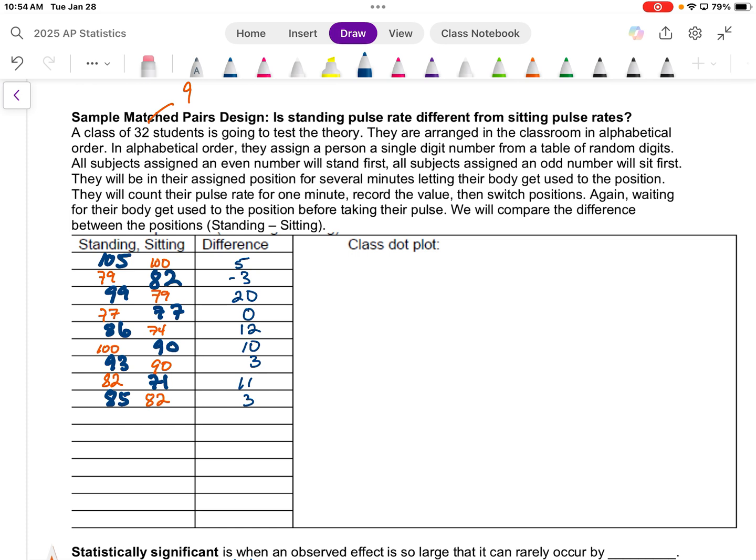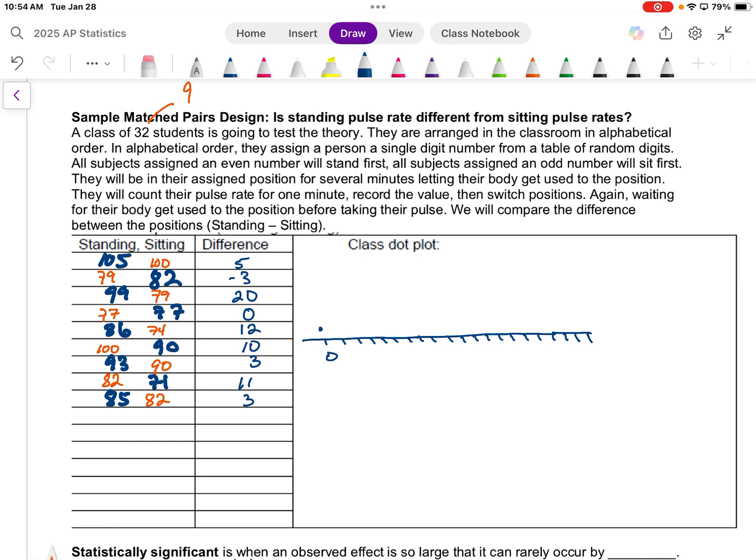Okay. Now they asked us to do a dot plot. And again, here's the challenge with only 9 subjects. All right, so let's see.